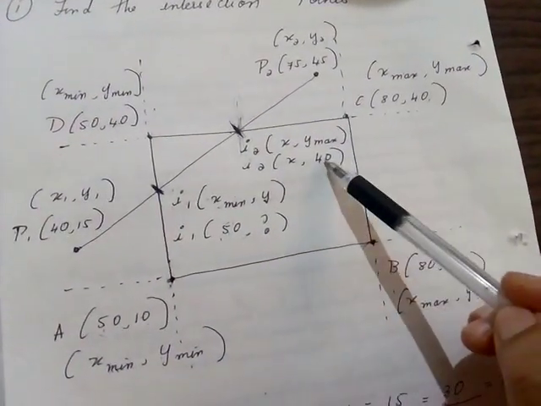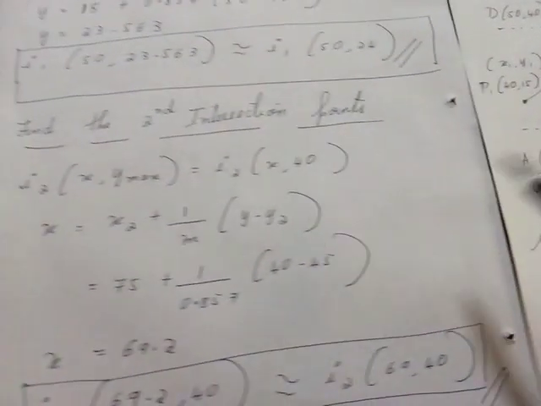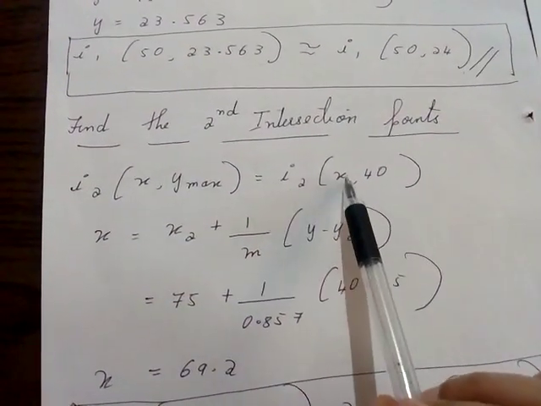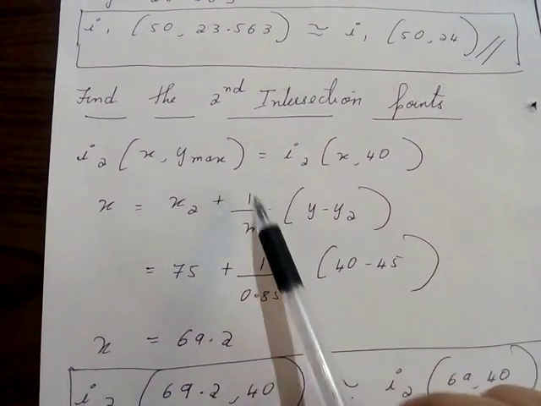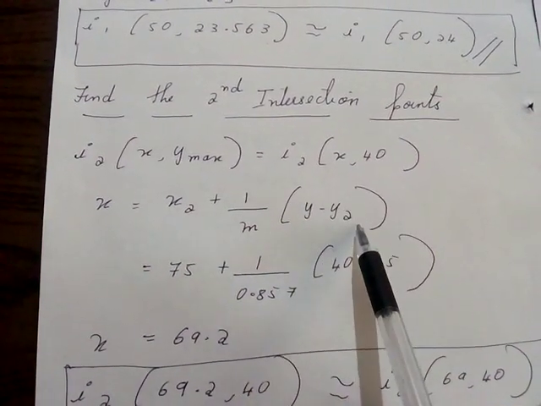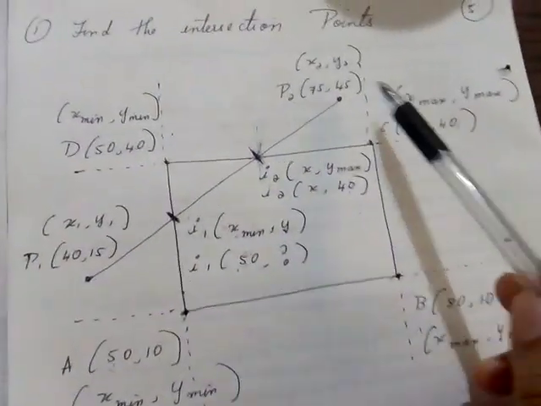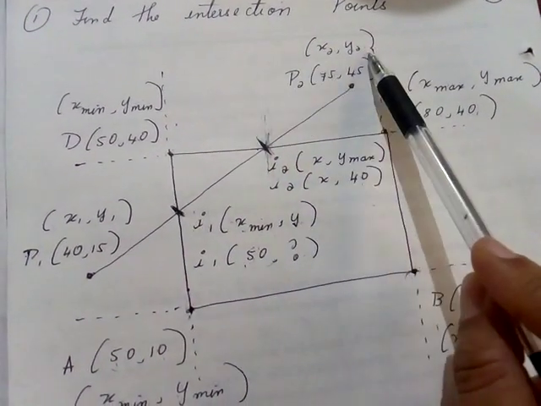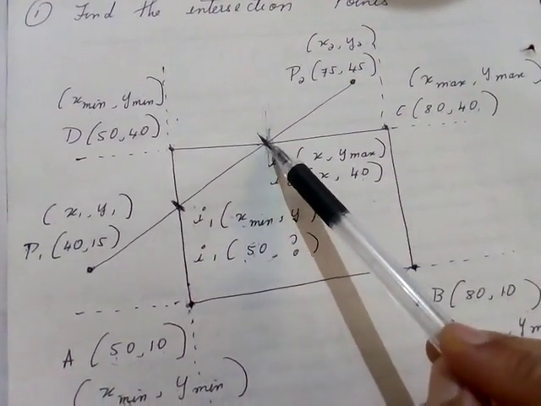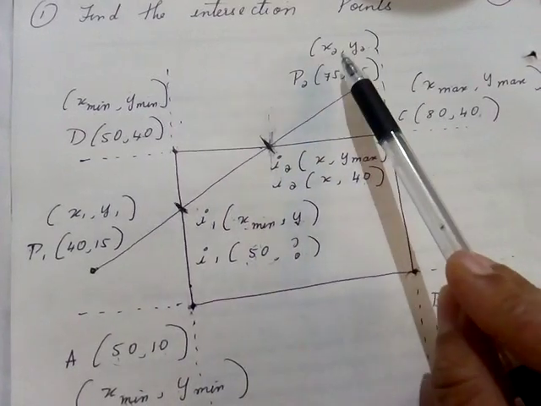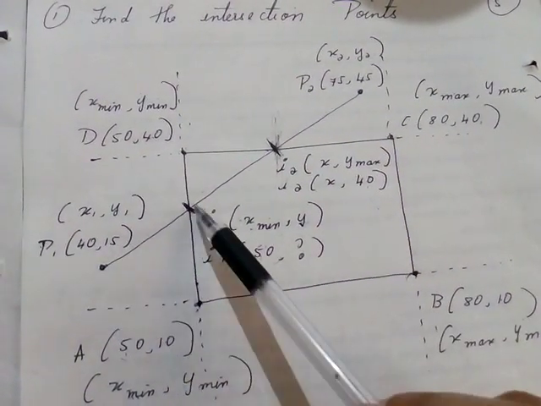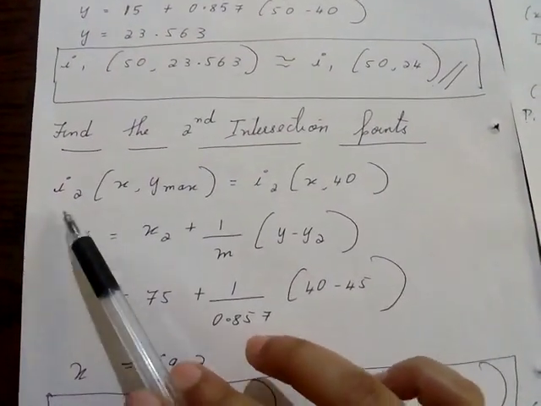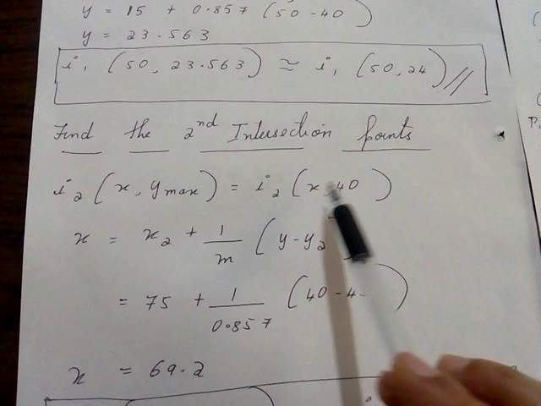So the formula for x is x2 plus 1 by m times (y minus y2). Hope you all understood why I took x2, y2: because this is the intersection point related to this point, so we are considering x2, y2. Here it was related to the other point, so there we considered x1, y1. So I2 is x comma 40.